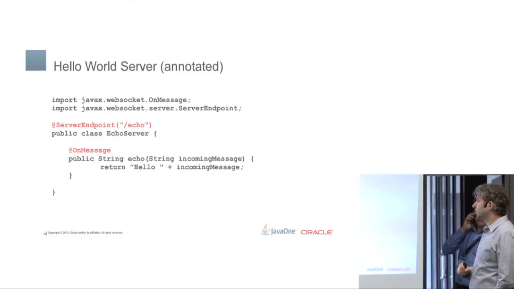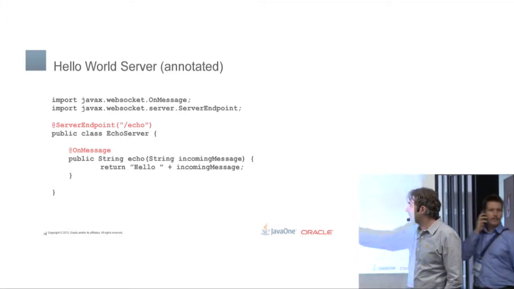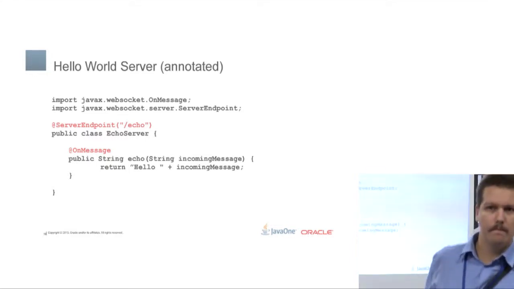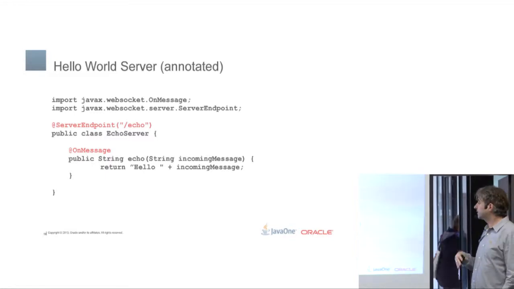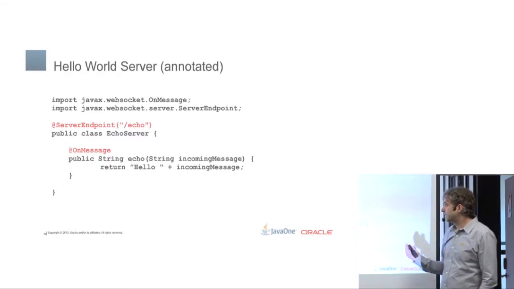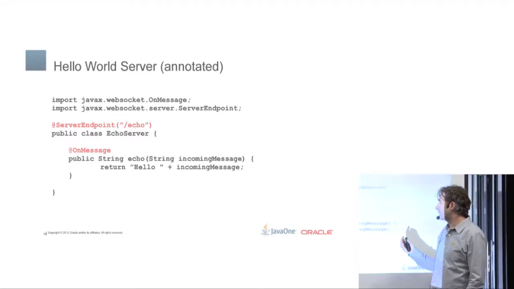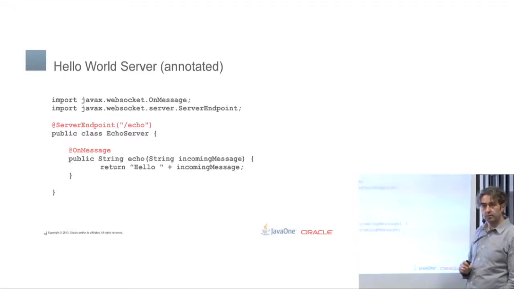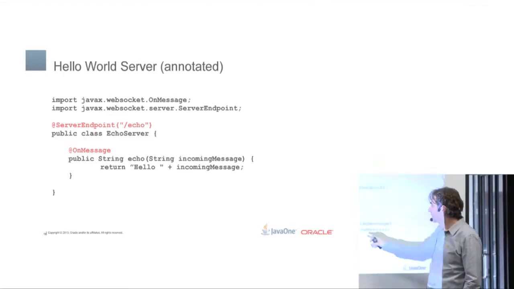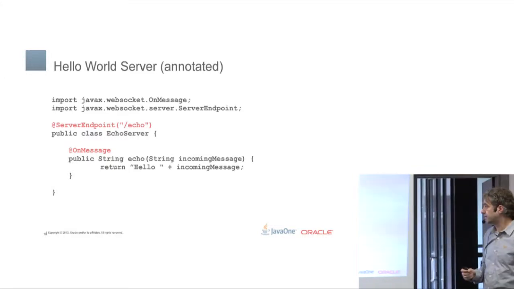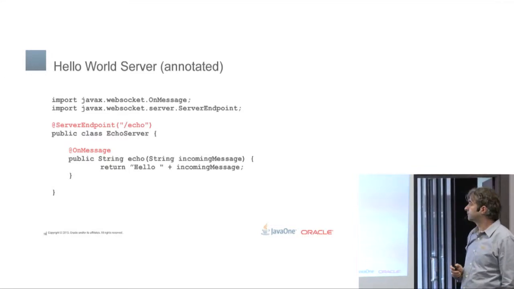And the next thing I'm doing, I'm decorating that specific method with the @OnMessage annotation to specify what needs to be done whenever there is a new incoming message. In that case, I'm just taking that payload and returning it back to the remote endpoint. So you see, it's fairly easy to understand.